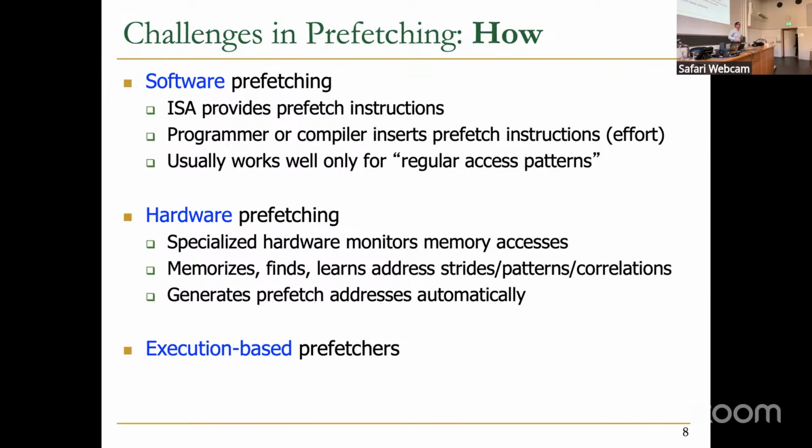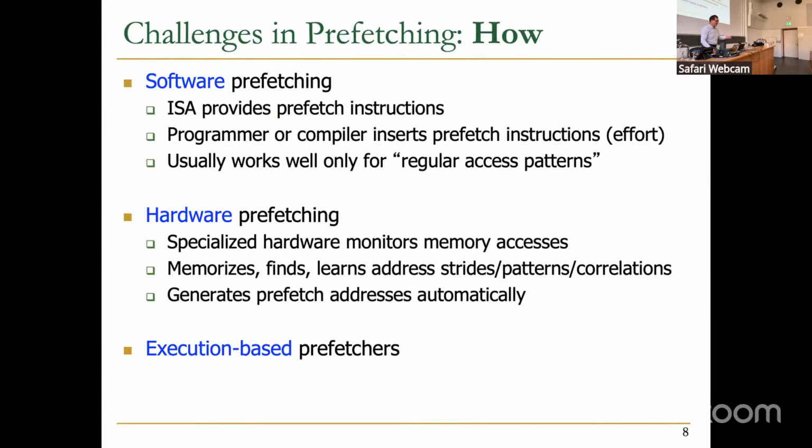You can have software-hardware cooperative mechanisms, and we will see some of those in this lecture, where you have some hardware and the software directs what kind of stride to use, for example. Or software initiates what kind of prefetcher to use, or the software basically does something to enable the prefetcher to act more accurately, etc. There are many, many mechanisms that have been proposed in literature, and it's possible to combine these.